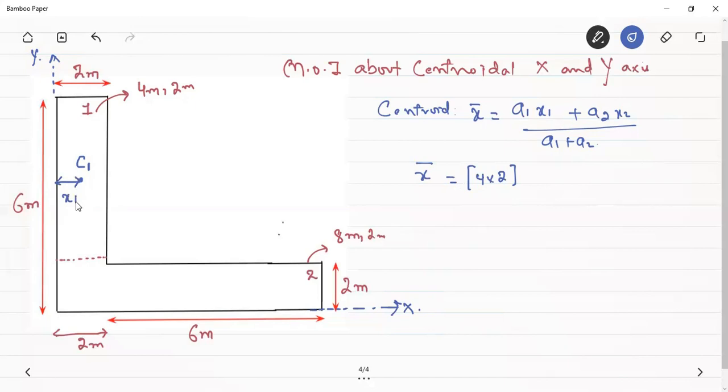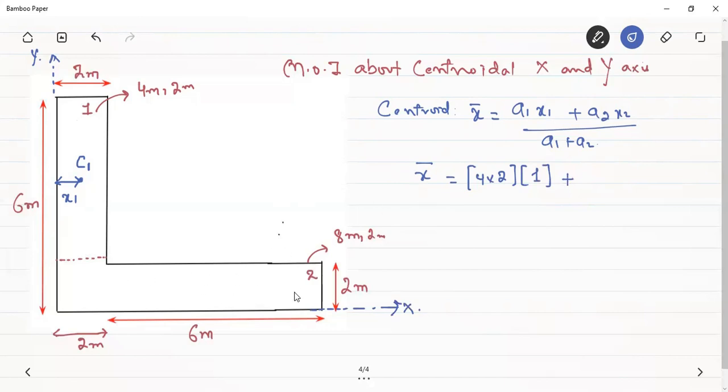This distance is equal to x1, the x coordinate of the centroid of the first rectangle. You can see that this distance is equal to 2, therefore its centroid will lie at half, that is 2 by 2, equal to 1. Plus A2.